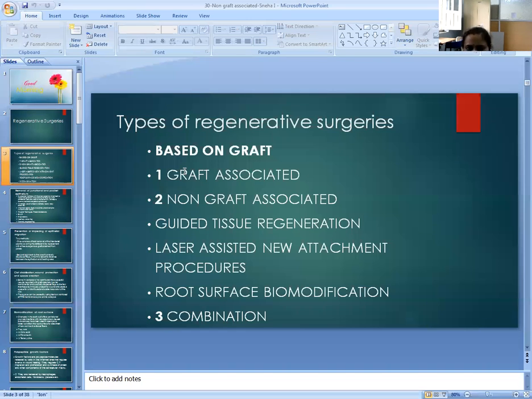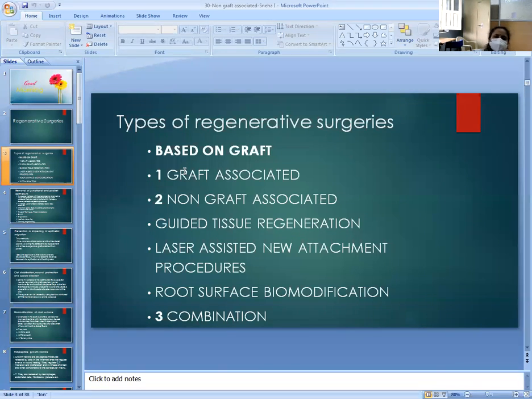Whenever you do a surgical procedure, it is not possible that formation of new attachment takes place every time. Sometimes bone loss is more, and in that case you need to regenerate that lost component.